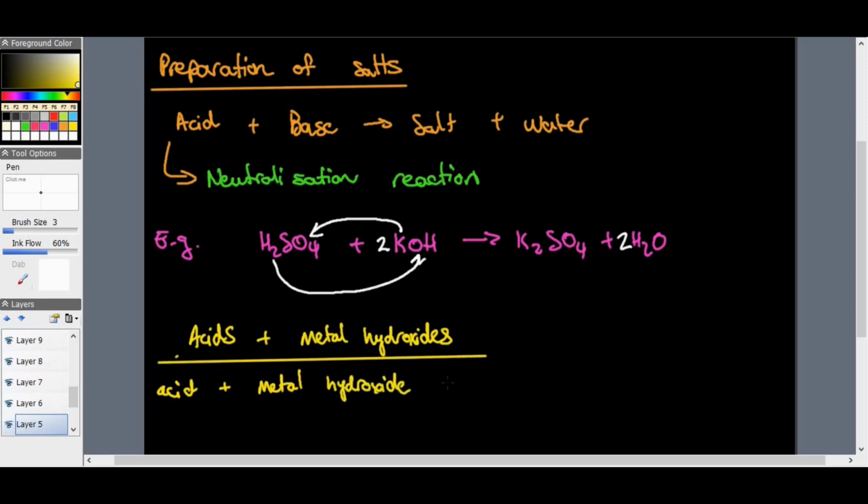We get two products, which is just salt plus water. Switch it up a little bit here. What happens when you get an acid that reacts with a metal, not hydroxide but now metal oxide? Then we also get salt plus water.